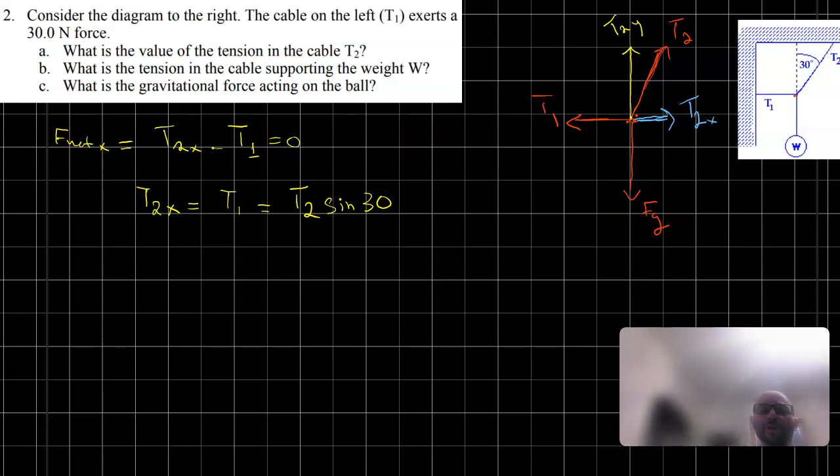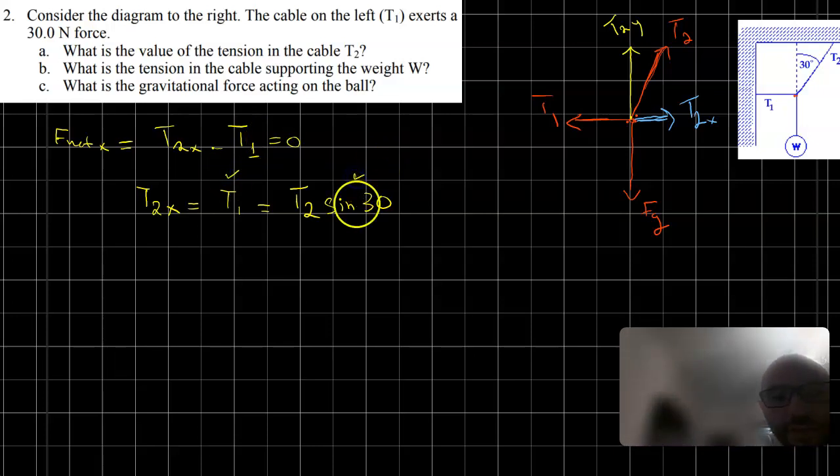Now we are only provided with T1, so that would actually allow us to find T2, because we know T1 and we know sine 30; what we don't know is T2. So we can find T2, and that will provide us the answer for A. T2 equals T1 divided by sine 30.